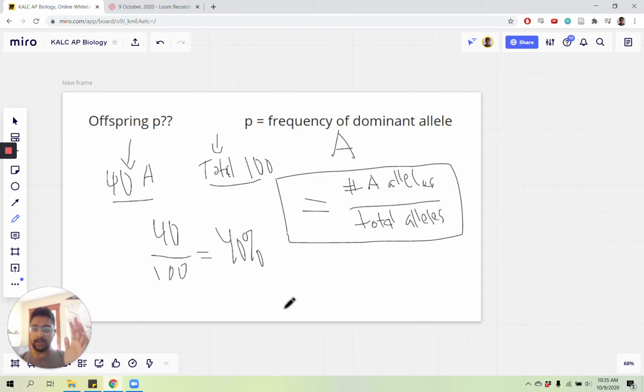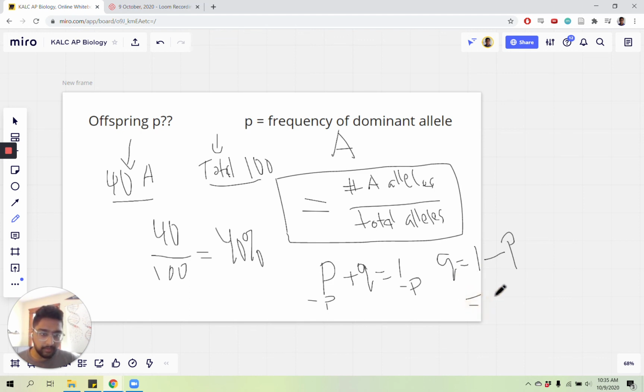And if you're like, okay, now I have offspring P, how do I find offspring Q? Well, if we remember from our Hardy-Weinberg equation, P plus Q equals 1. And so if I want to isolate Q, I subtract P from both sides, so minus P, and I would get Q equals 1 minus P. And so I could put this into my next offspring Q as well.